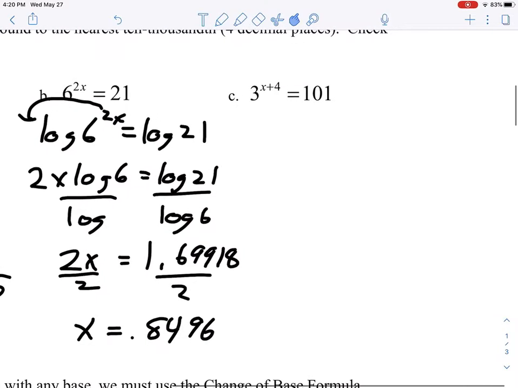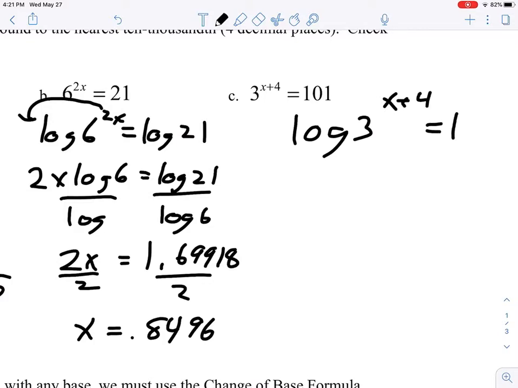Okay, let's slide this over. Here we have a little addition going on there. Again, I'm just going to bring in a log. Log 3 to the x plus 4 equals log 101. That allows this, and I like to put it in parentheses, to go out in front. Why do I like to put it in parentheses?